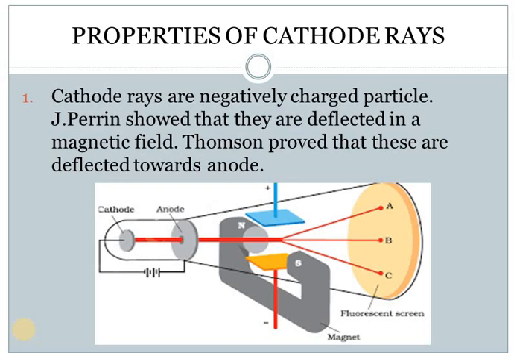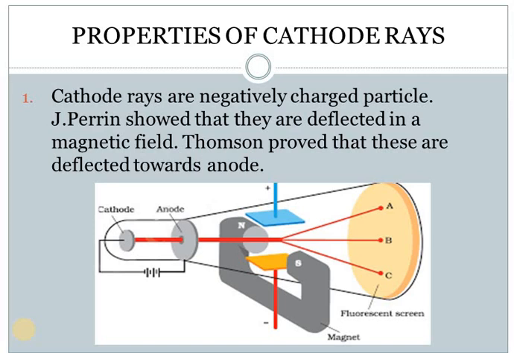Similarly, Thomson worked on the electric field. He passed the cathode rays through another electric field, through the positive and negative terminals, and saw that all the cathode rays were deflected on the fluorescent screen at point A, which indicates that point A has a positive charge electrode.